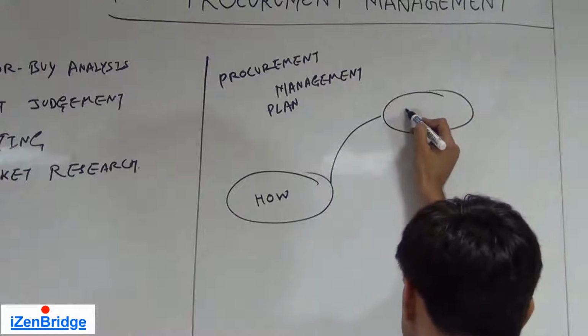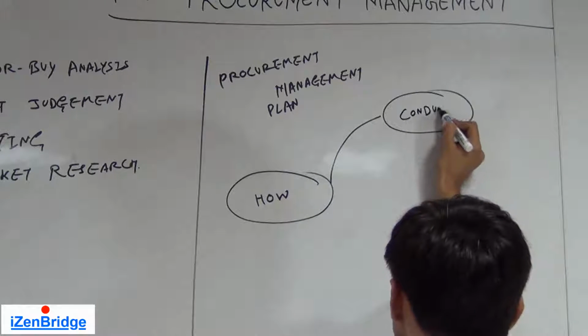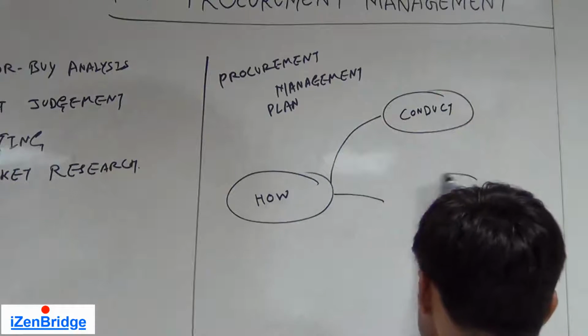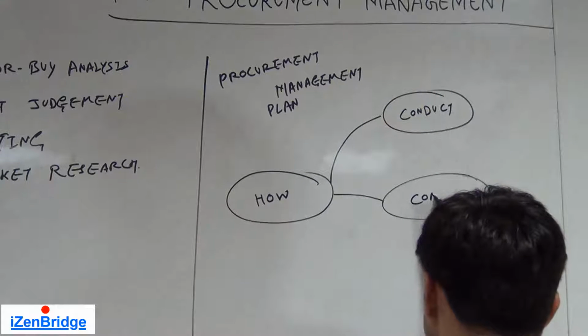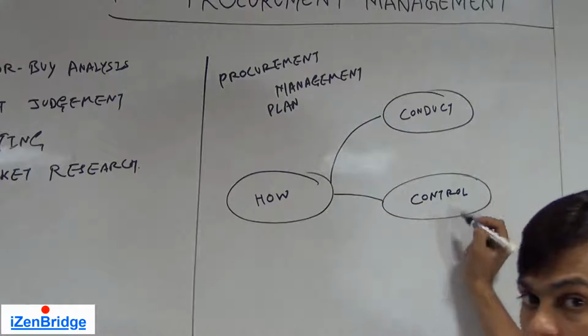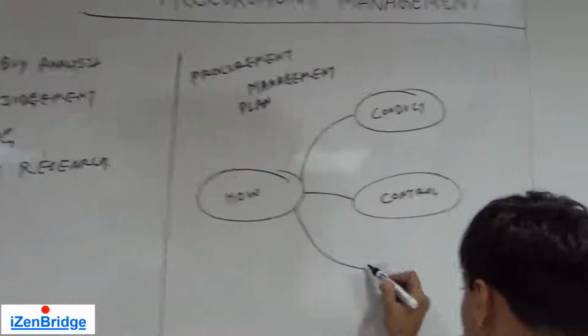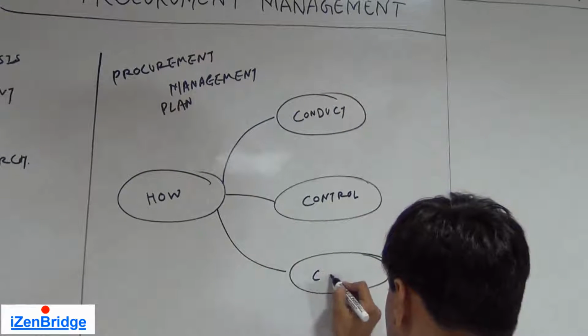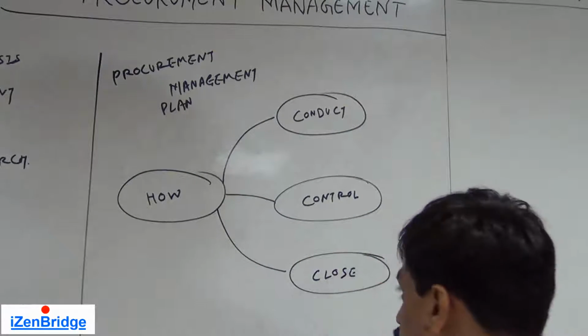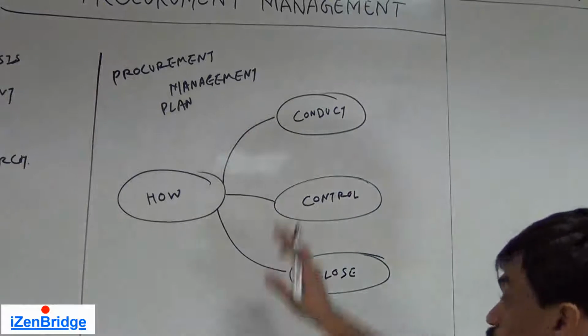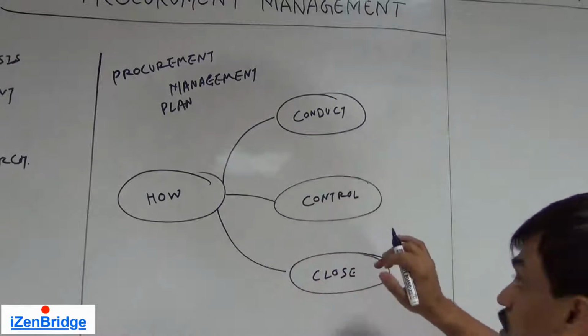So here we have conduct procurement, control procurement, and close procurement. So this plan should tell us how we should perform all these three.